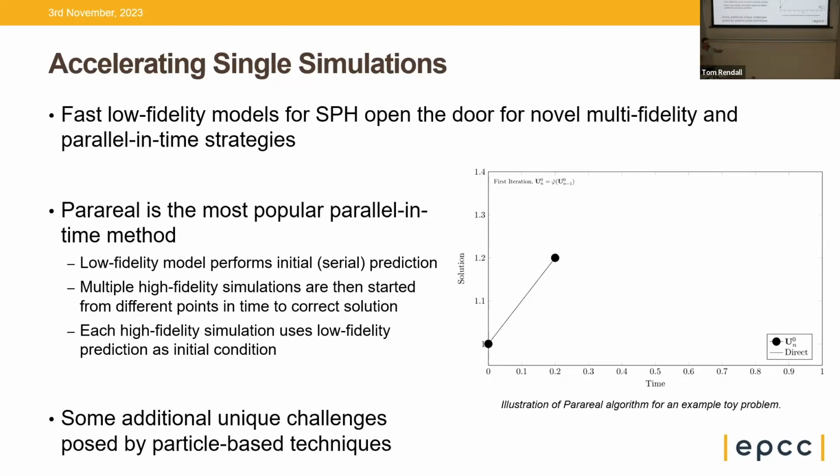This is what I mean about not being able to replace SPH with machine learning. I think we have to accept, well, maybe in the future, that it's a low fidelity model. It's not going to be as accurate as SPH, but it can still provide benefit by being much faster.